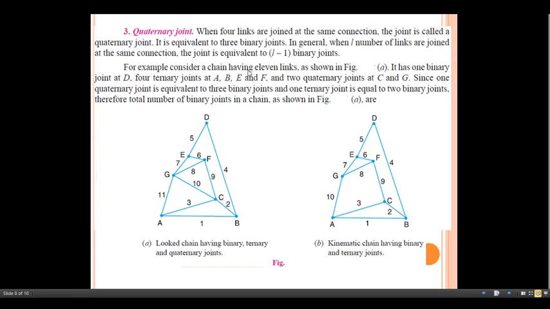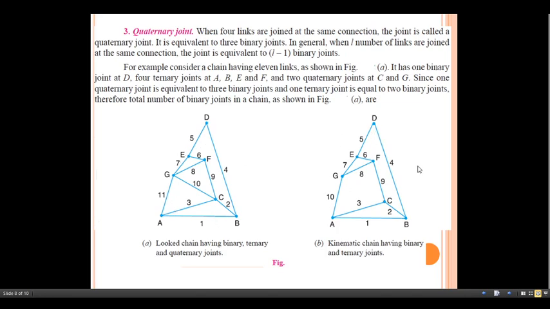For example, consider a chain having 11 links. Here the total number of links available in this mechanism is 11. It has one binary joint. Just try to identify the binary joints, ternary joints, and quaternary joints, so that we can get the number of joints clearly from this mechanism.